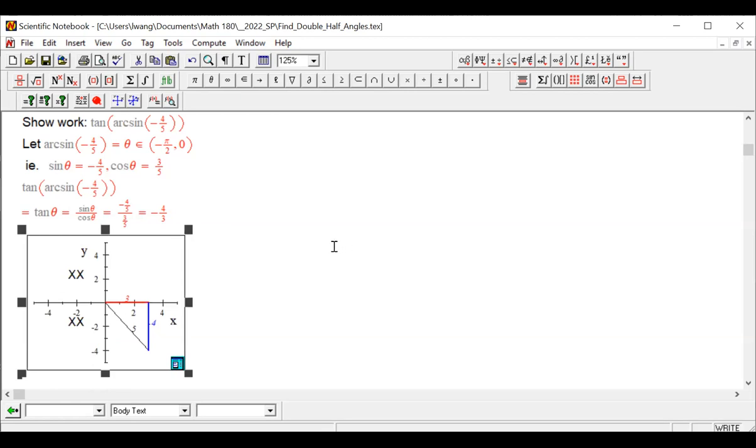So that's very, very important. You can see we are constantly thinking about the domain and range for those arc functions. Okay, let's try a few more. Let's choose another question.